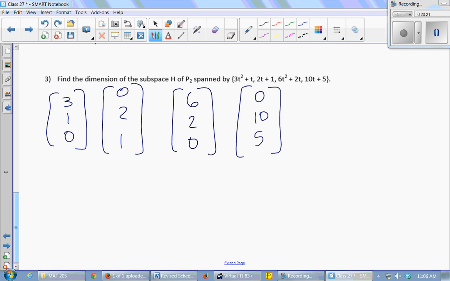So we can look by inspection to see if anything's a multiple. Like 3, 1, 0, if I scale that by 2, I get 6, 2, 0. So that one is extra, don't need it.